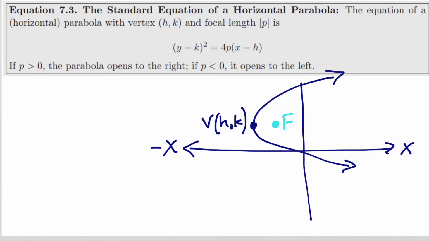In conics, we also study what we call horizontal parabolas. A horizontal parabola is going to face either this way or it could face this way.